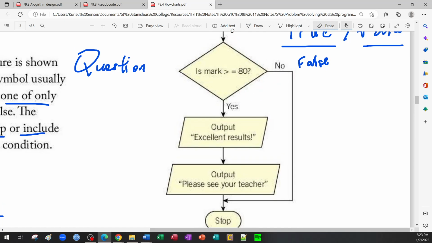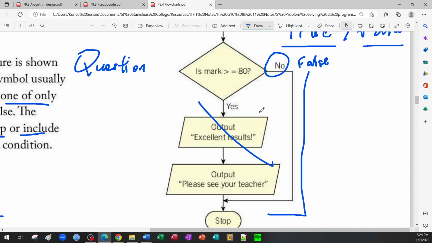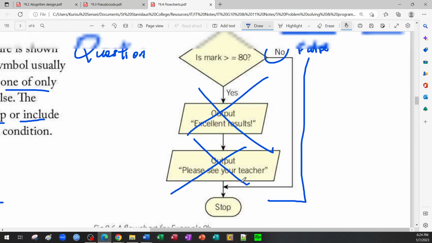So as with this example here, notice that if your answer is yes, then that means you will execute this statement here, you are executing this statement here, and then you end. But if your answer is no, that means you are coming down this way, so that means you ignore that statement, you ignore this statement here, and you stop the flowchart.